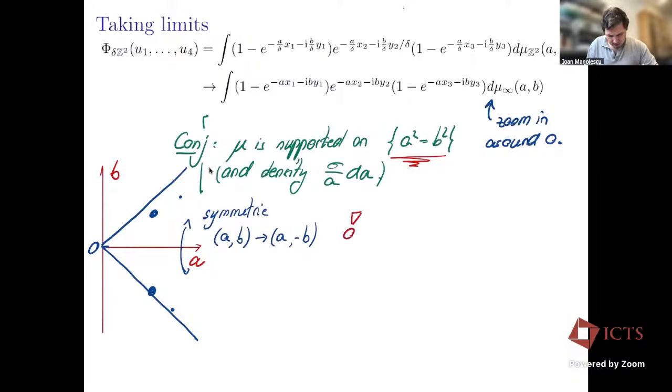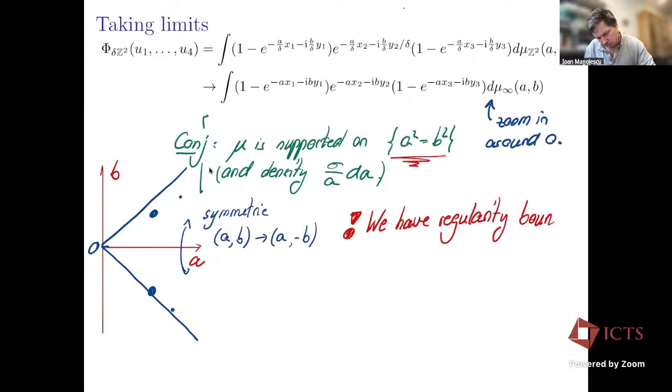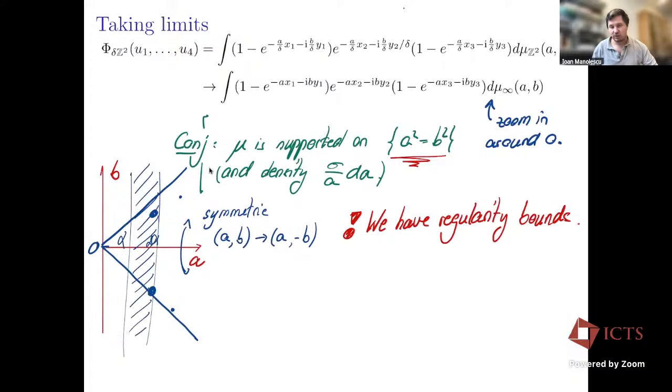I said that we have certain regularity bounds for this measure. So we know that they're not completely crazy. The kind of bounds we have are, if you take any strip between alpha and 2 alpha, the total measure contained in this strip is bounded uniformly in alpha.